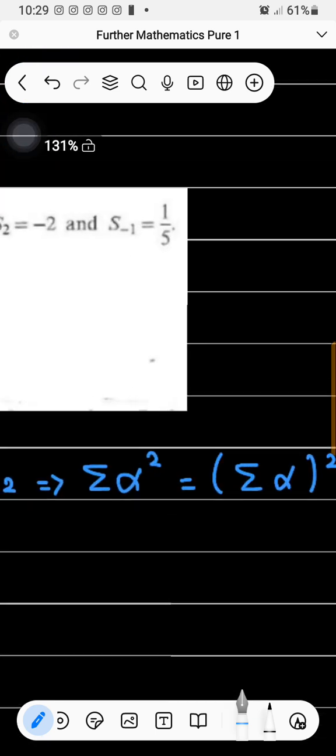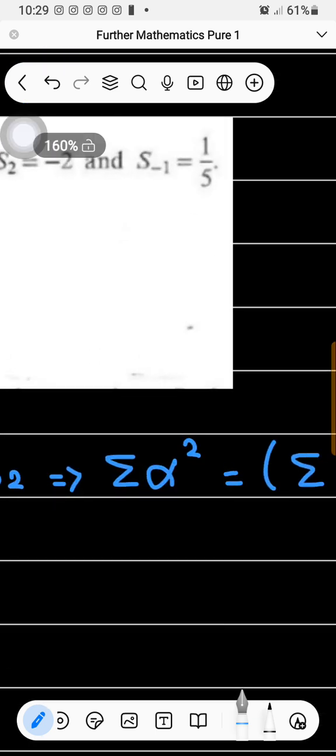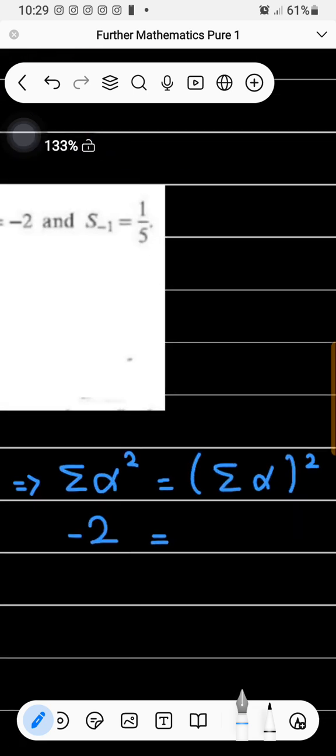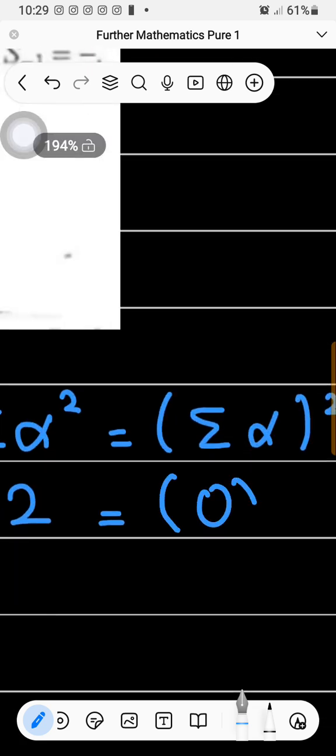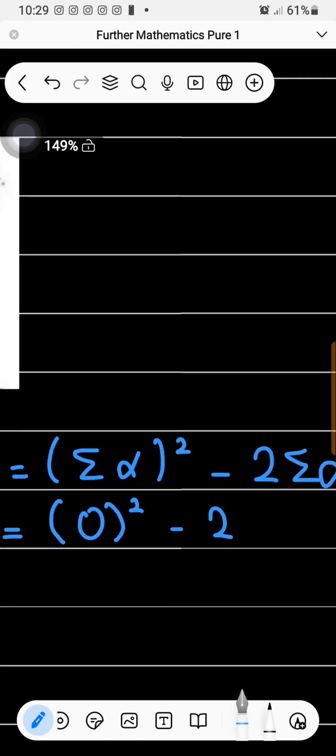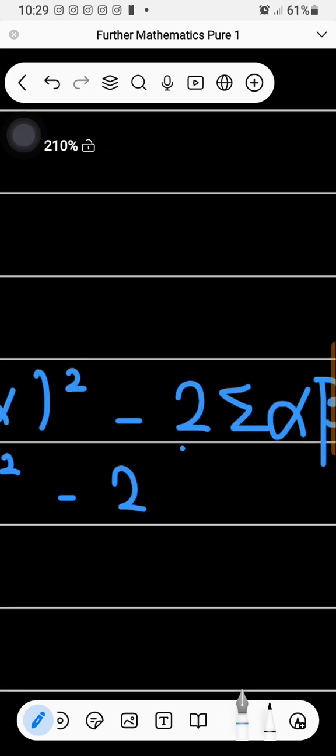Okay, so sum of alpha square is equal to minus 2, since s2 is given, so here is minus 2. Sum of alpha was 0, so 0 square minus 2. Sum of alpha beta can be written as c upon a.